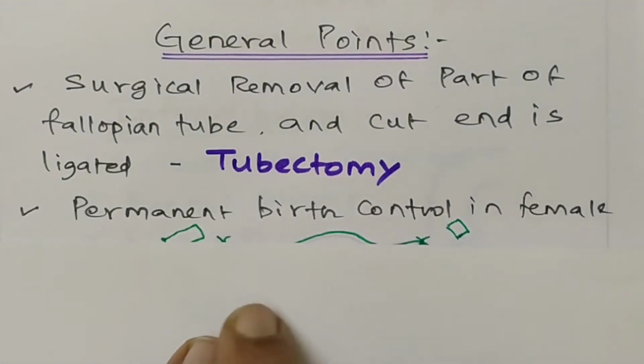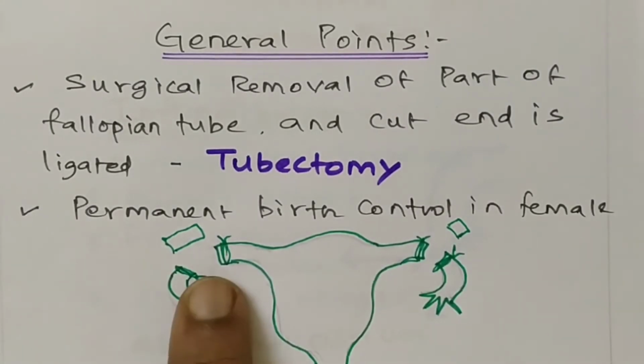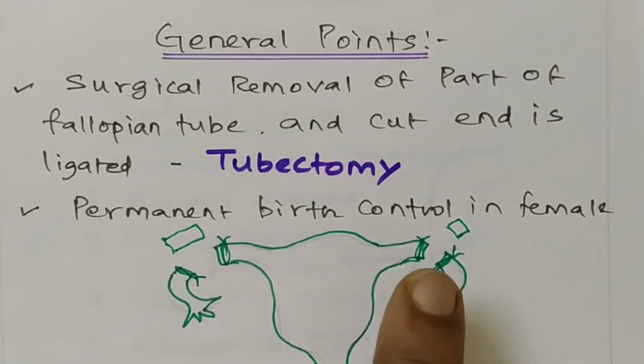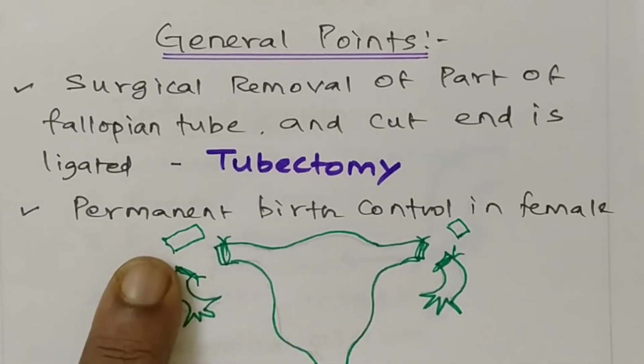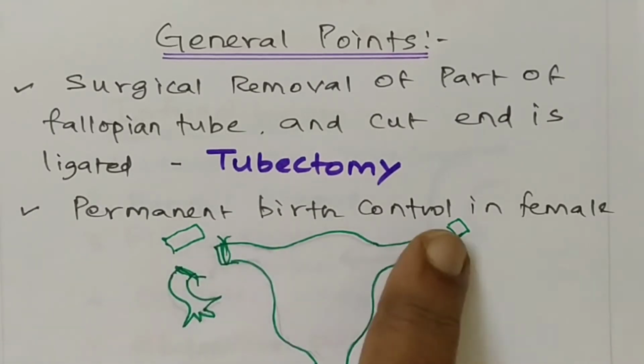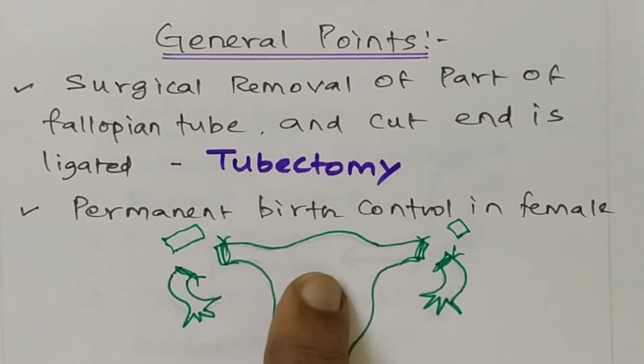During tubectomy, in both fallopian tubes, a portion is removed and the cut end is ligated. This is a permanent birth control method in the female.